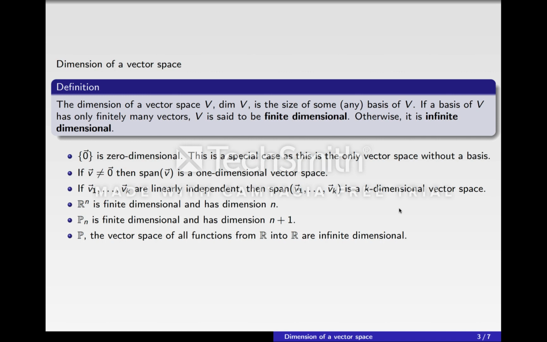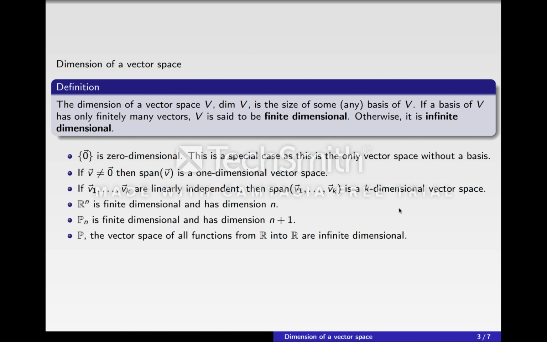And in general, a standard basis for P sub n would be the vectors 1, x, x squared, up to x to the n. So that set has n plus 1 vectors.